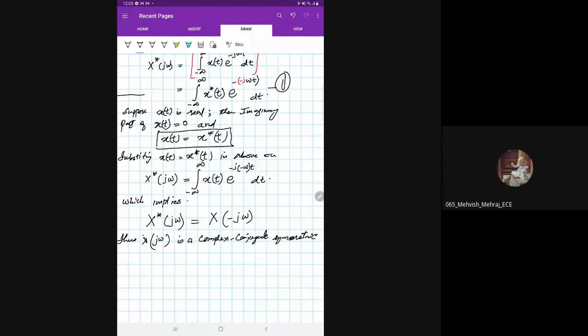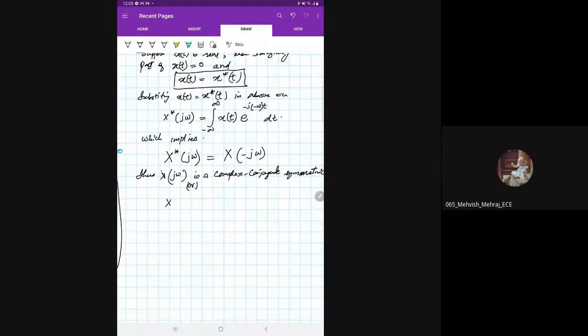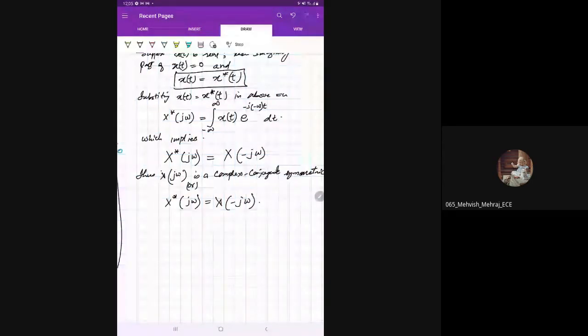Yani it means that it has a complex conjugate symmetry. We have already discussed what complex conjugate symmetry means, or we can say the same thing: x conjugate of j omega, which is x of j omega, is equal to x of minus j omega. That is what complex conjugate symmetry would mean.